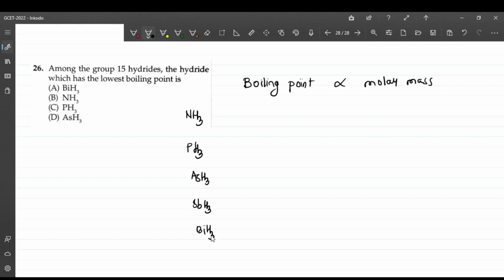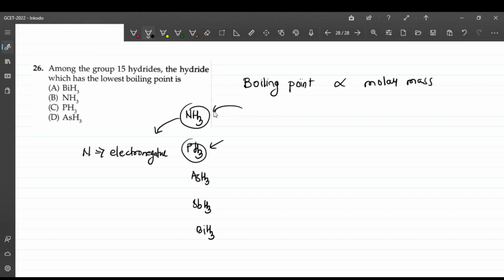But they have asked for the lowest boiling point, so according to that, the lowest should be for ammonia. But ammonia does not have the lowest boiling point. It is PH3 which will have the lowest boiling point because of its lower mass. Why not ammonia? In ammonia, nitrogen is an electronegative element, so there is hydrogen bonding between the molecules.